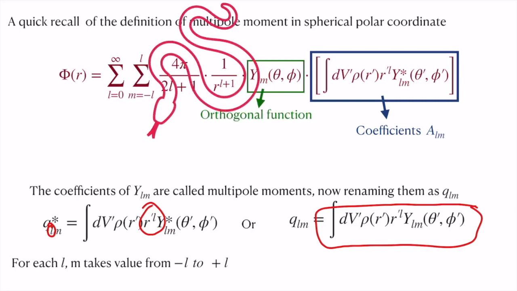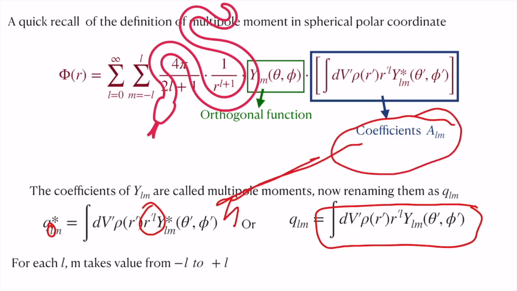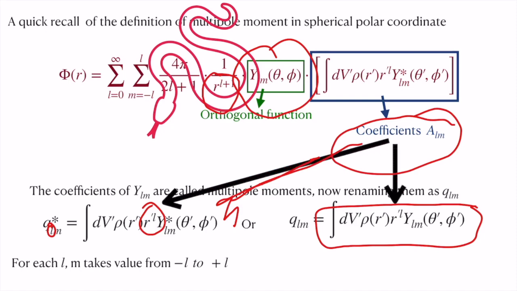So once we have this multipole moment, one can define the expansion for the potential, and we have seen that the potential itself is defined, and that is where you get the idea that Alm is defined as multipole moments. And of course, you have Ylms in the case of potential and the radial dependency.